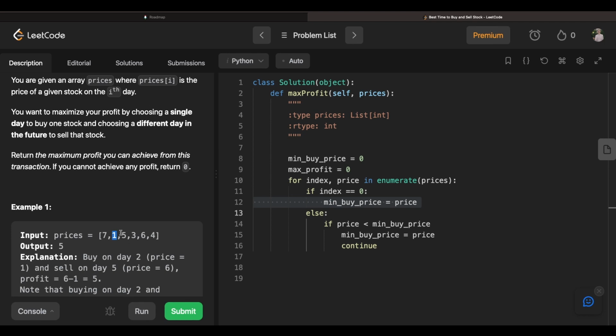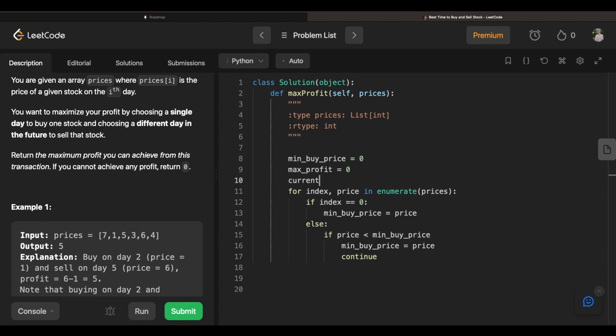If it's less than that, we update the min buy price to be whatever we're on, in this case 1. And then we have to also keep track of current max profit. We also have to reset our current max profit. And then we continue.